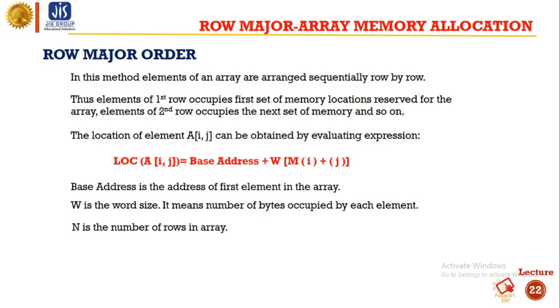N is the number of rows in the array, and M is the number of columns in the array.